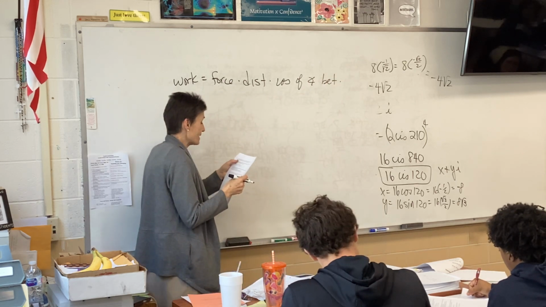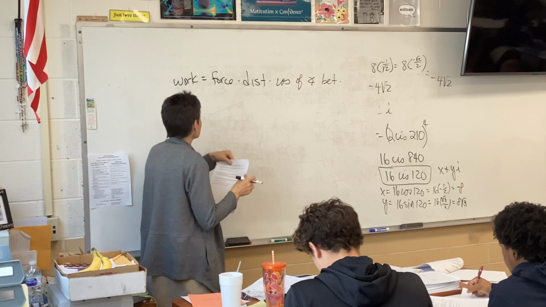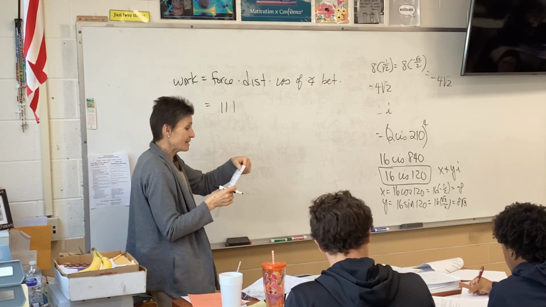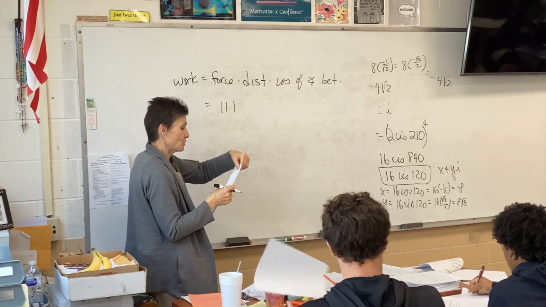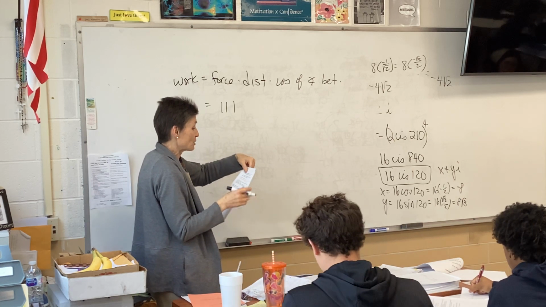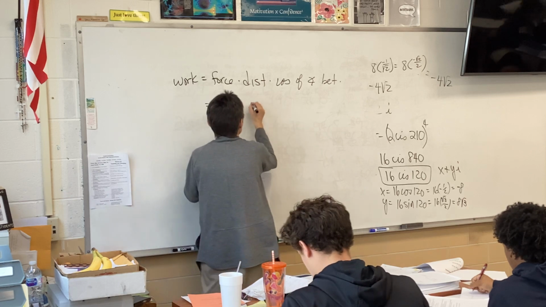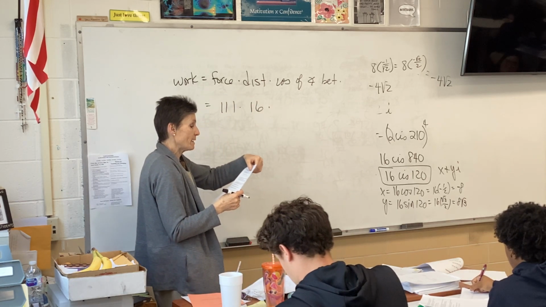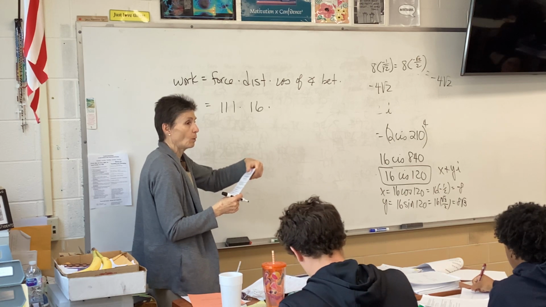All right, so what have I got? I have a force of 111 pounds, so that part's easy. Acting in the direction 5, 2, in moving an object 16 feet, so the distance is 16, from 0, 0 to a point in the first quadrant along the line y equals 3x.